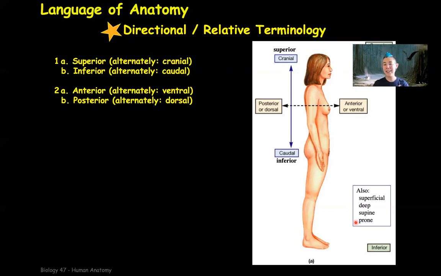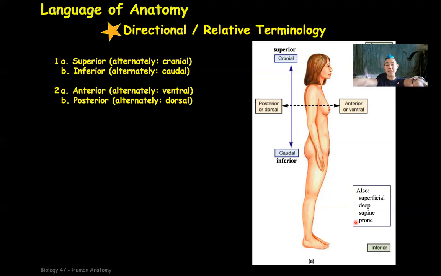Supine and prone apply in one additional way, and that's to the position of the forearms. So not only can a body be supine or prone, but your forearms can be supine or prone as well. If you have your arms out like you do in standard anatomical position, like our model does here, with palms facing out as though you could hold a bowl of soup, then they are supinated.